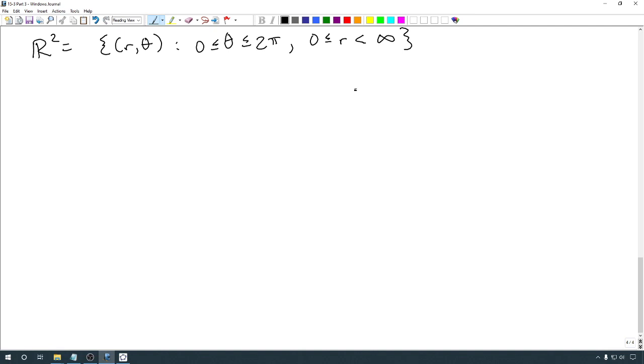Now, we're playing a little fast and loose with improper integrals here, but I don't want to get into the nitty-gritty of all this stuff. Everything does work out nicely. But the important thing here is, if I put this into my polar coordinates, take theta from 0 to 2 pi, r from 0 to infinity.